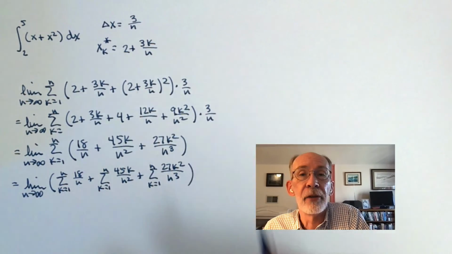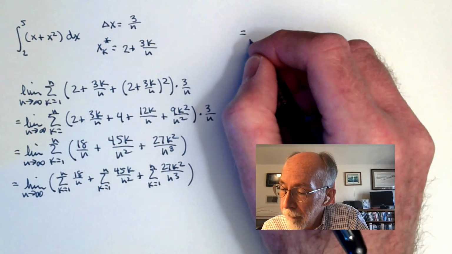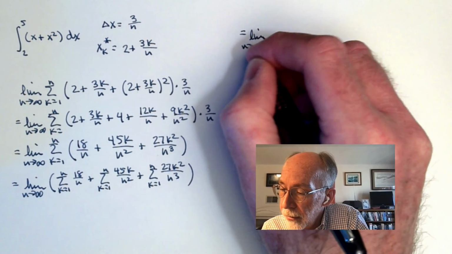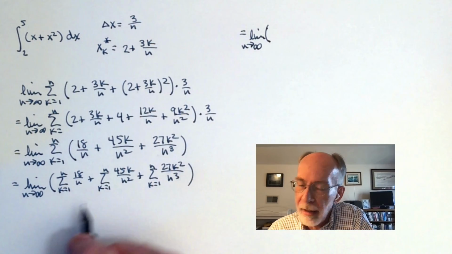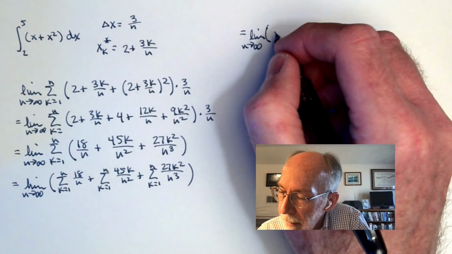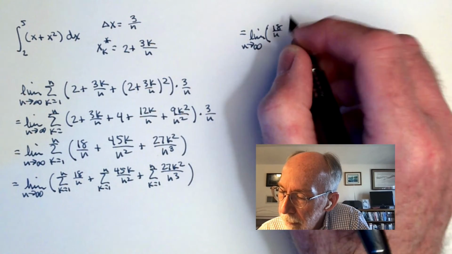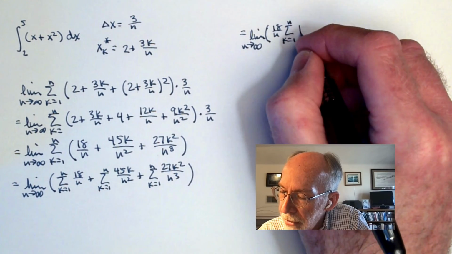So, now let's go back up to the top so we leave room for the captions. This is limit n to infinity, huge sum. Well, the entire 18 over n can come out, right? It doesn't depend on k at all. So I have 18 over n sum k=1 to n of whatever's left over after that division. It's just 1.